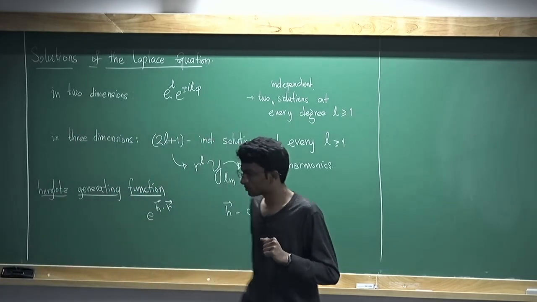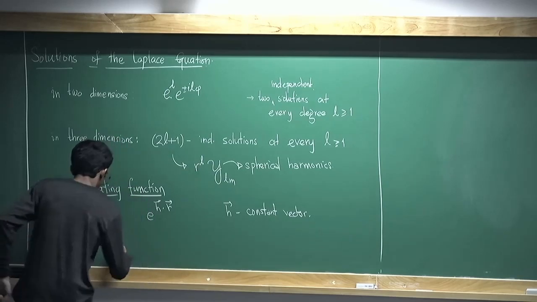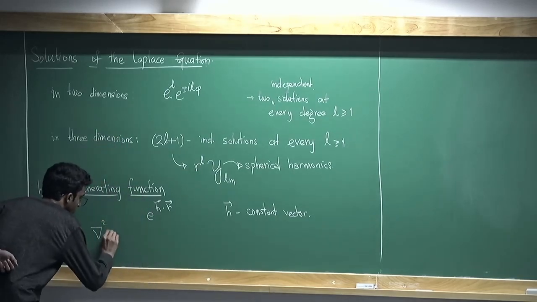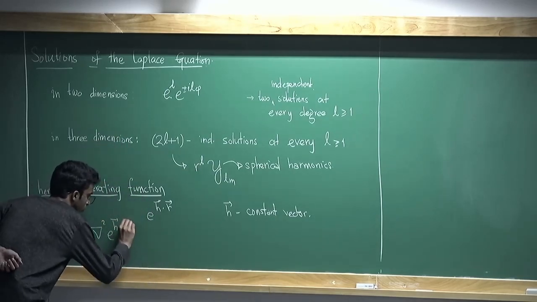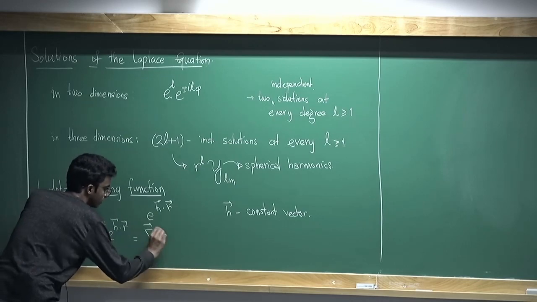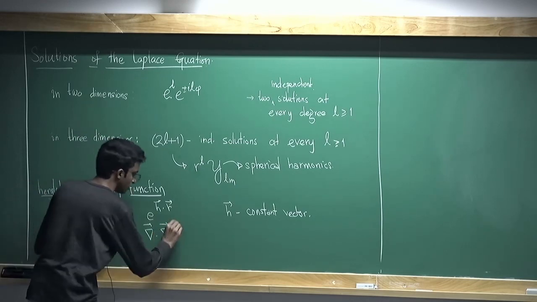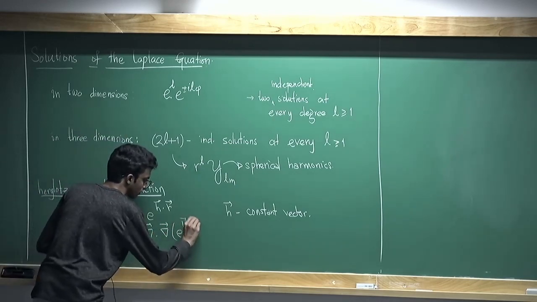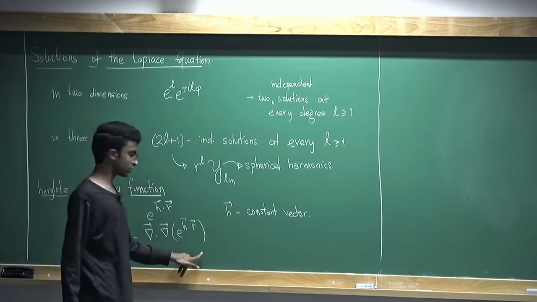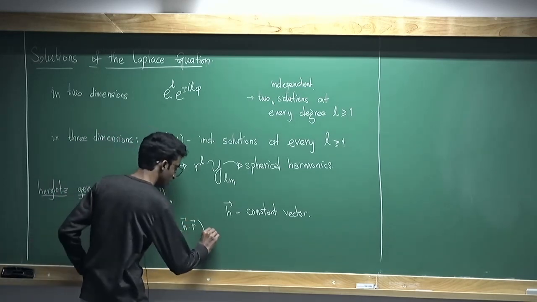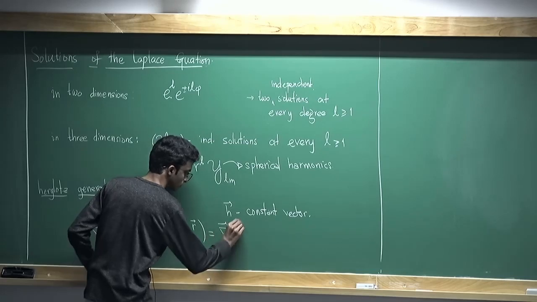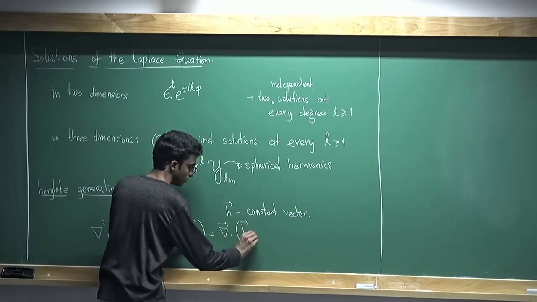Great. The Laplacian is divergence of gradient of e to the h dot r. When the gradient acts on e to the h dot r, which is some scalar function, it gives you h vector times e to the h dot r.